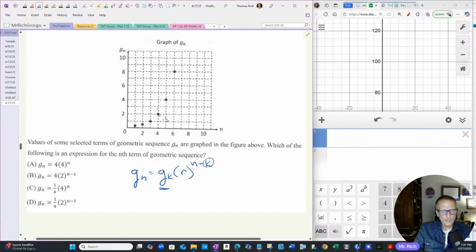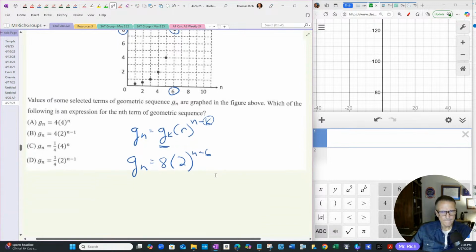For example, if I wanted to write an equation for this geometric sequence, I could choose to use the number 8 right here and say the nth term is 8. And if I know the common ratio, it looks like the common ratio here is 2, then I would raise this to the n minus the number of the term that this is. This is the 6th term, so I would say n minus 6. I could write it like that.